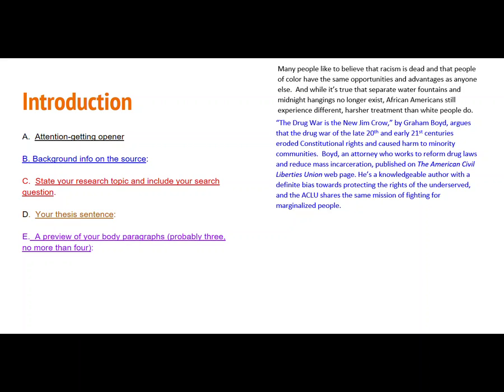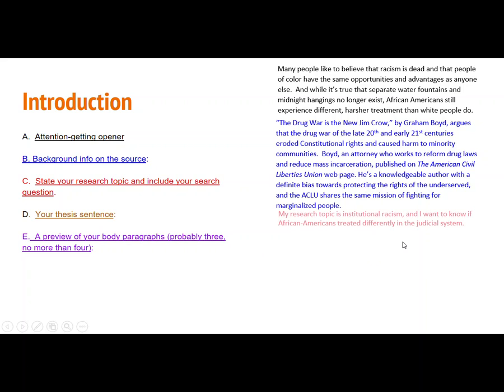Boyd, an attorney who works to reform drug laws and reduce mass incarceration, published on the ACLU webpage. He's a knowledgeable author, a definite bias towards protecting the rights of the underserved, and the ACLU shares the same mission of fighting for marginalized people. These two pieces will be the longest parts of your introduction.